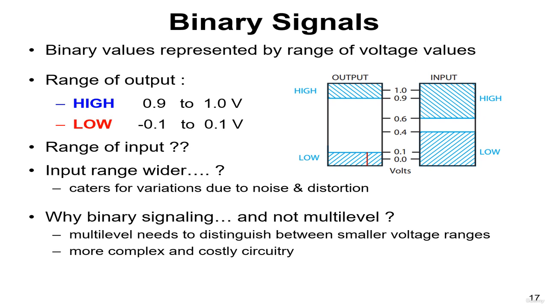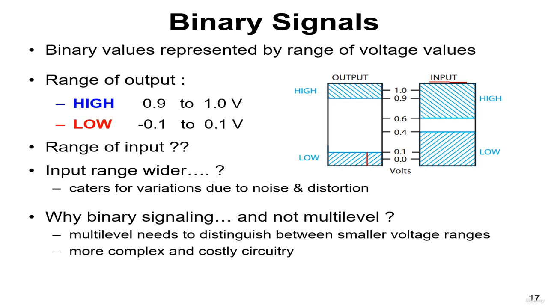Similarly, for the input, the high signal is represented by a voltage range of 0.6 to 1.1 volts, and a low is represented by negative 0.1 to 0.4 volts.